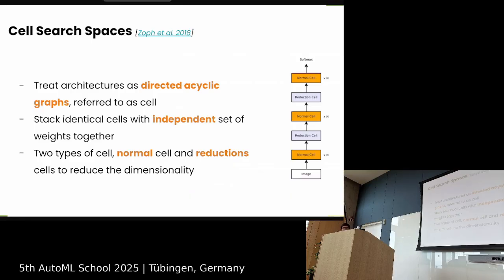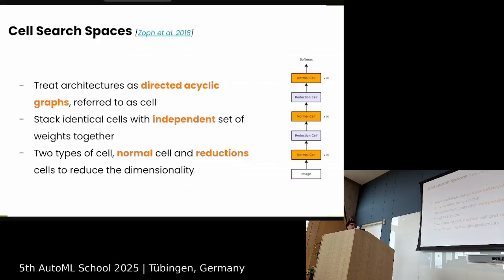So what people normally do with cell search spaces is they have one cell with maybe 5 or 6 nodes, and then they take the same cell and stack them on top of each other, right? So essentially each cell is one block, and you put those blocks on each other. And the cells have the same structure, so you only need to find one cell, but they have different sets of weights that you then learn with gradient descent.